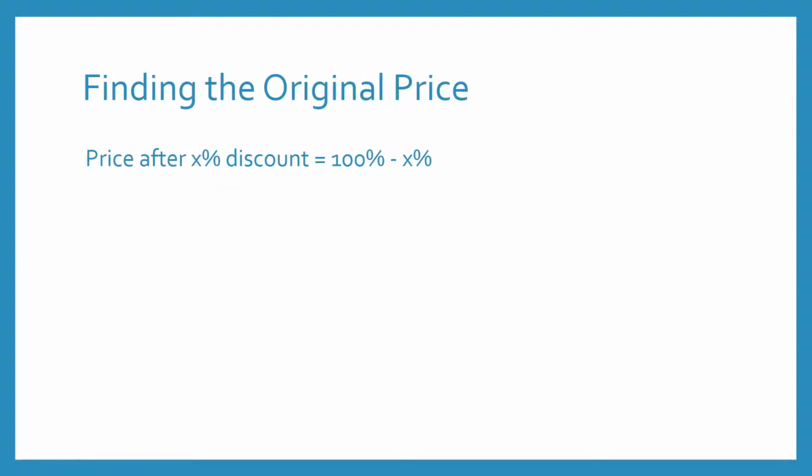Okay, so if we have the price after a percentage discount, we want to find out what the original price is. So we have a percentage discount of say 20%. So after the discount, we're going to get 100 minus 20%, which is our 80%.